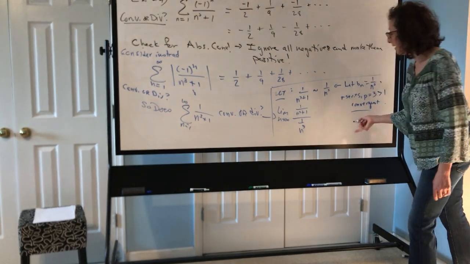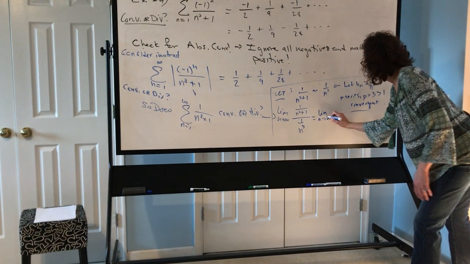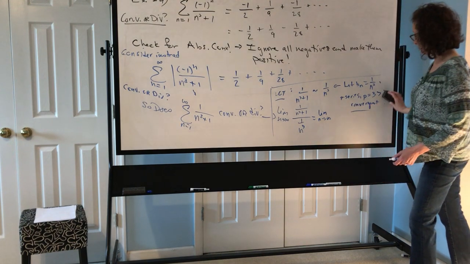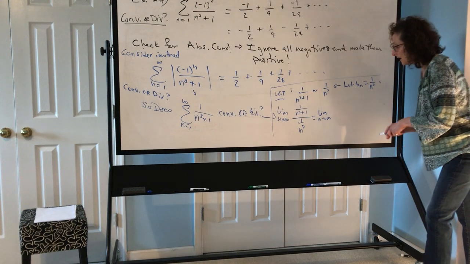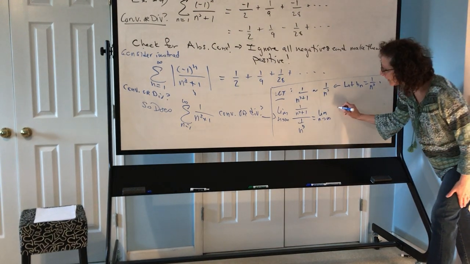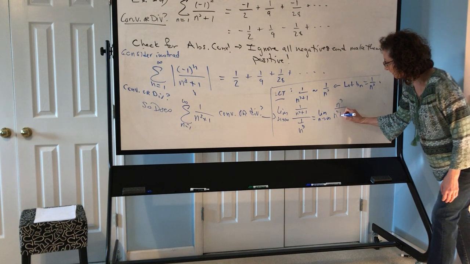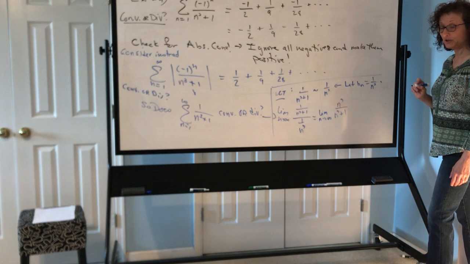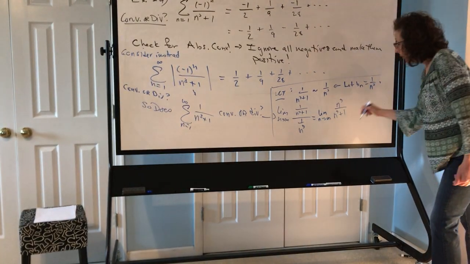Now it's the limit as n goes to infinity. I just do the algebra. I'm going to erase this and create space here to finish this up. Algebra with fractions: that's the limit of n cubed over n cubed plus 1. You're going to have to be good at that because we're going to have a whole bunch of that coming. What is that limit?